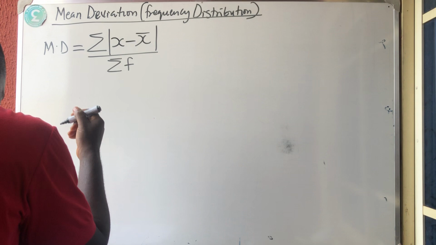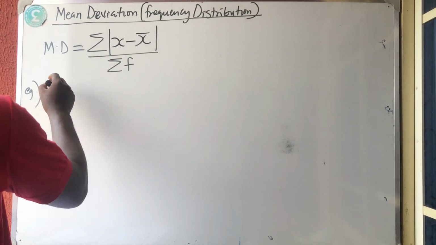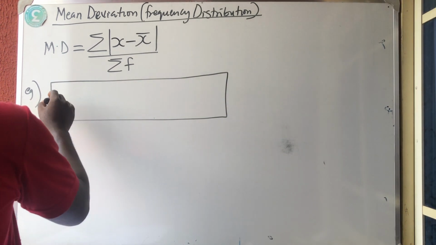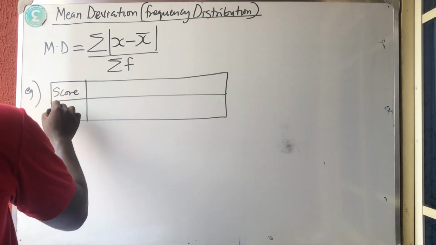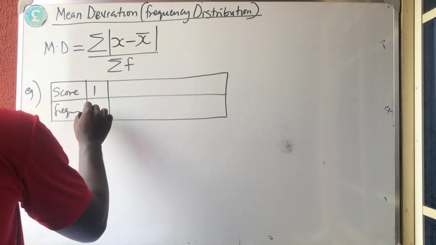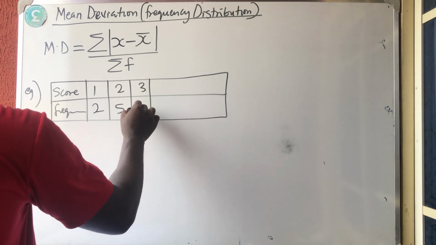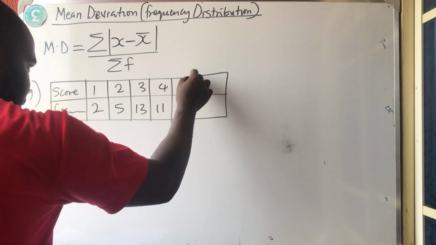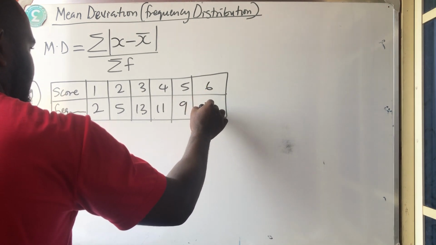So let's take a question so that we understand what we are talking about. Example. They gave us a table because it's a frequency distribution. This is the score, which is always your x, and this is the frequency. 1 here is 2, 2 here is 5, 3 here is 13, 4 here is 11, 5 here is 9, 6 here is 10.